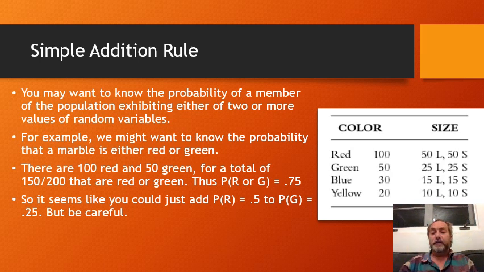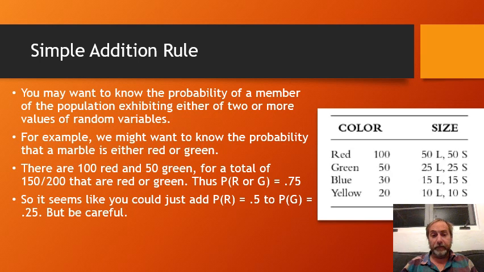So here's a few operations that you can do with these probabilities. Maybe you want to know the probability of a member of the population exhibiting either of 2 or even more values of random variables. So for example, maybe I want to know the probability that a marble is either red or green, right?